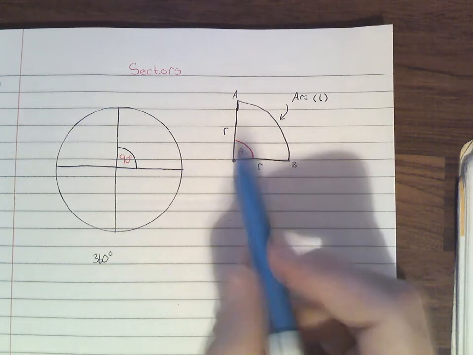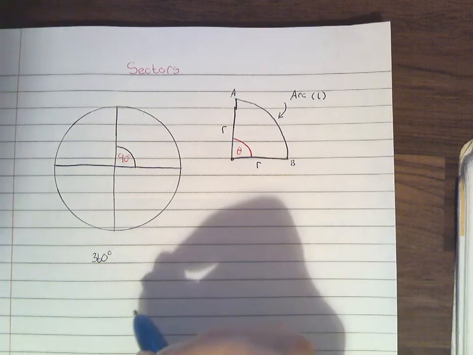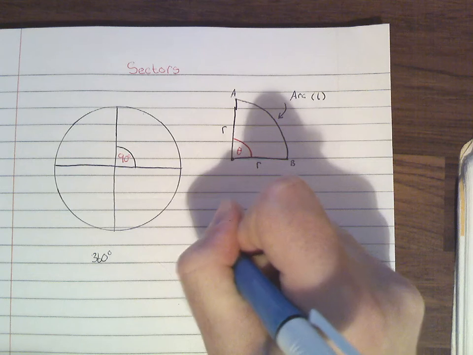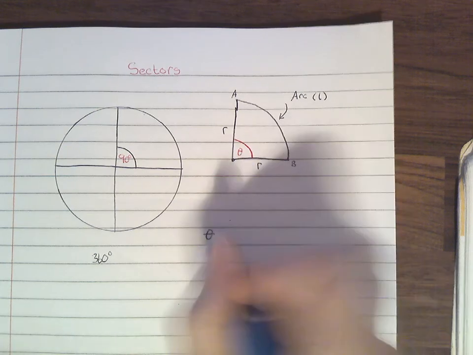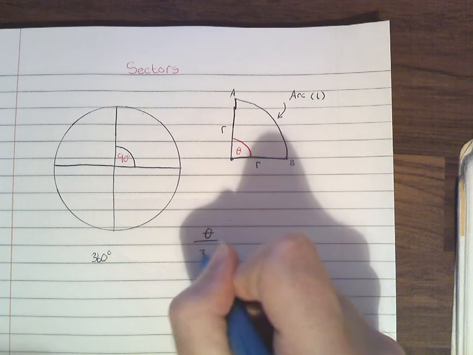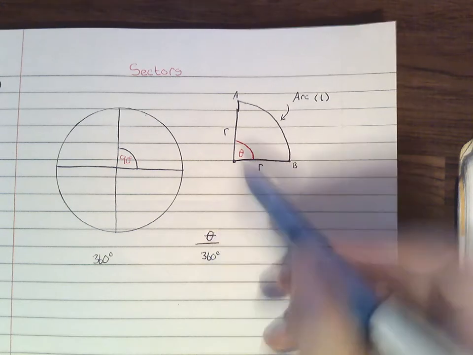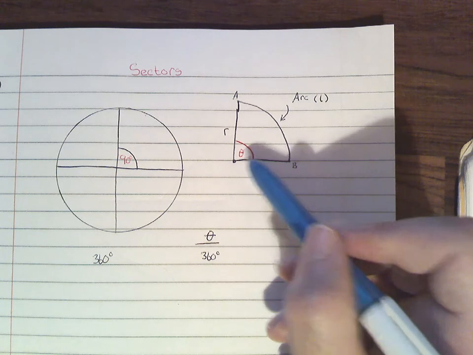In order to calculate the arc length, again you have a formula. The formula for calculating the arc length is theta, the angle that's in here, divided by 360 degrees. Remember, this theta is going to be in degrees, whatever the angle of the arc is.